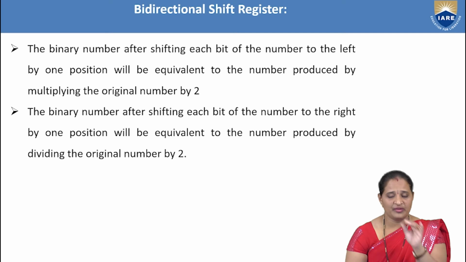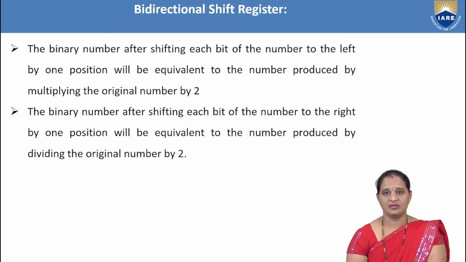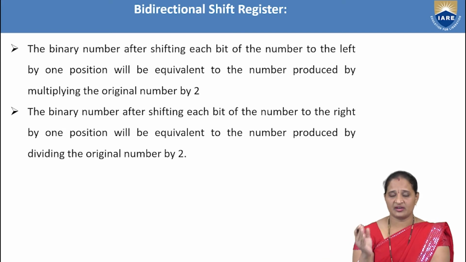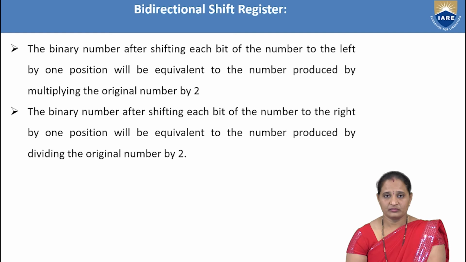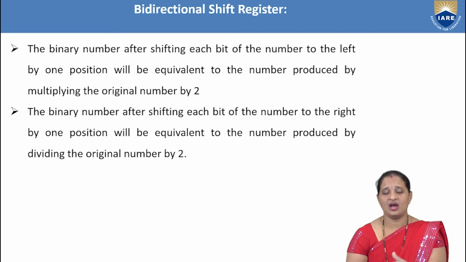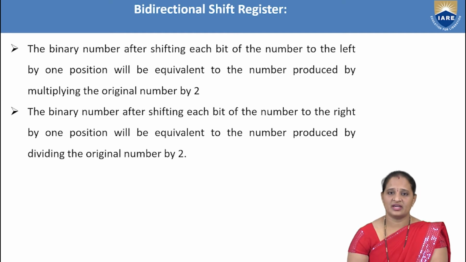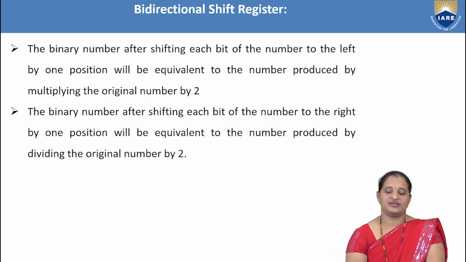Whereas we can observe that in a right shift register, we cannot shift the data from right to left. Only we can shift the data from left to right. But if in a register you can shift the data in both left to right and right to left directions, then that register is said to be a bidirectional shift register. So now let us see what happens when we are shifting.